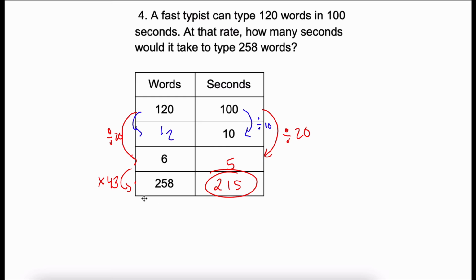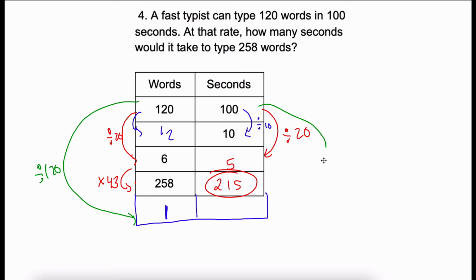So remember, the alternative is you can always add an extra piece to the table on the top or the bottom and take it to 1, because then you could do times 258 and get to where you want to get to. So to get from 120 to 1, I'll use a different color, you would just divide by 120. So that means 100 divided by 120 would give me this box here.